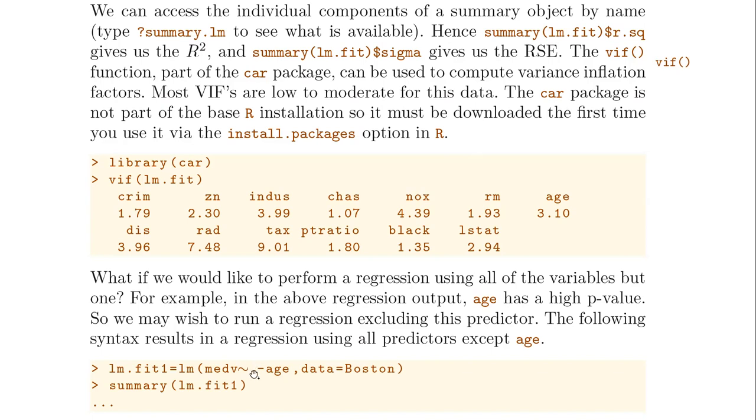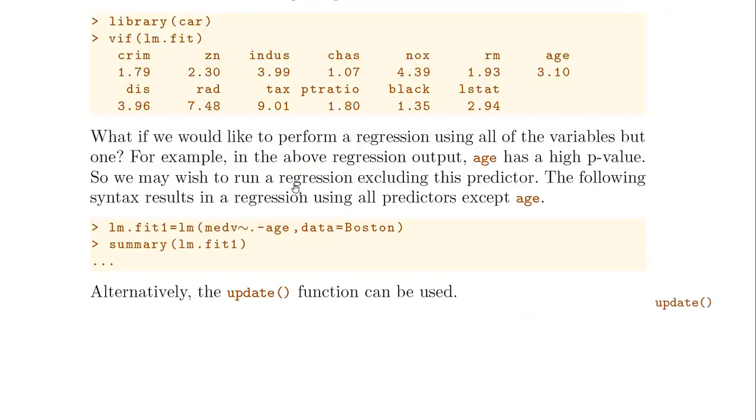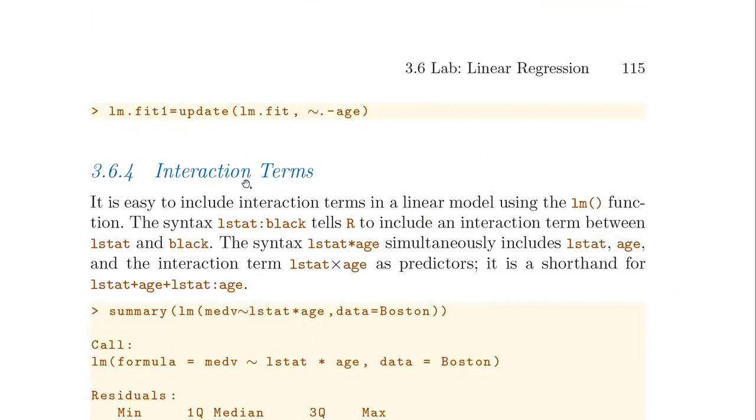So you're doing the dot, so you're including all the predictor variables unless you type negative age. In that case, you remove age. Alternatively, the update function can be used: lm.fit1, update your current model, but remove age.